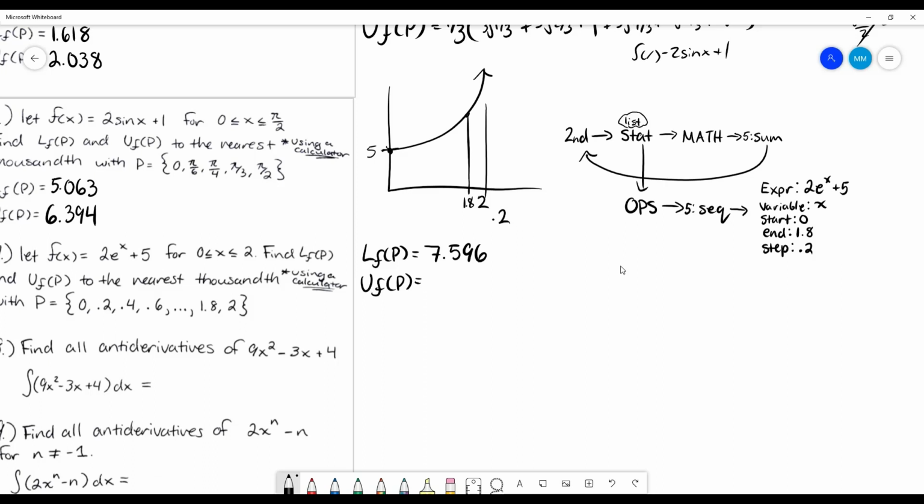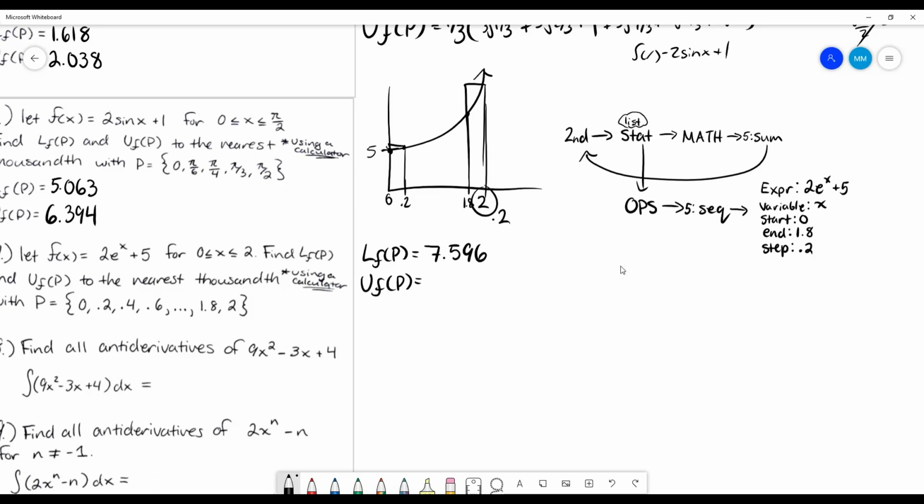Now we're going to do those same steps, except we're going to do a right sum for our overestimate, right? So it's going to look something like this. So now our start is not going to be 0. It's instead going to be this first 0.2 here. And our end is going to be 2. But otherwise, exact same process. So we go to that sum.